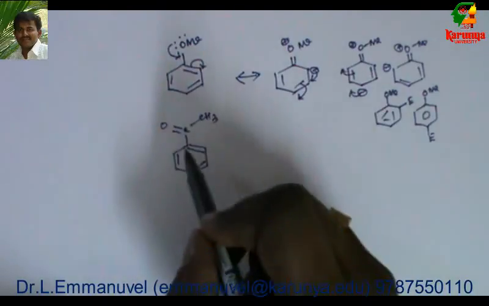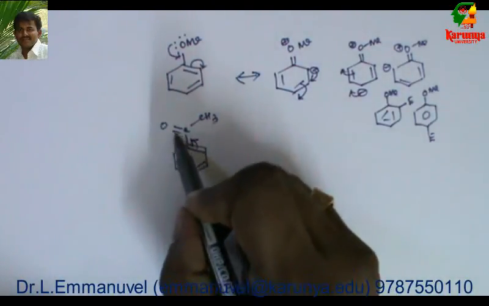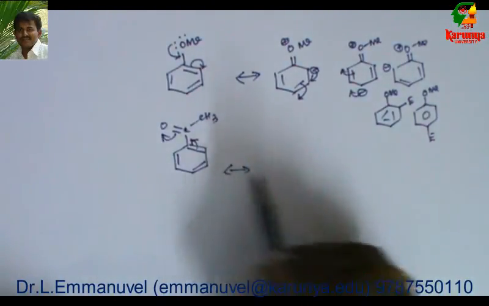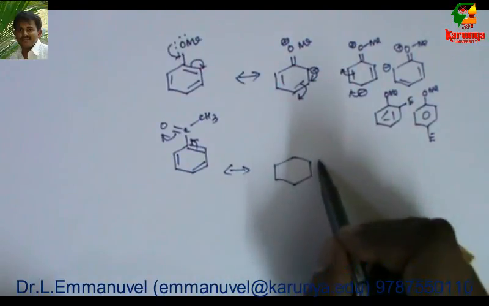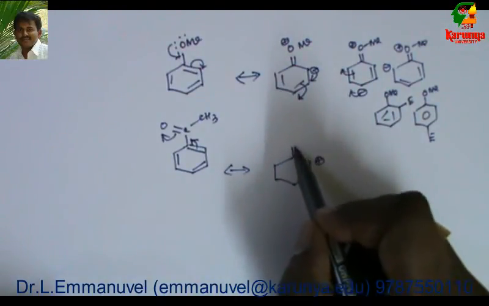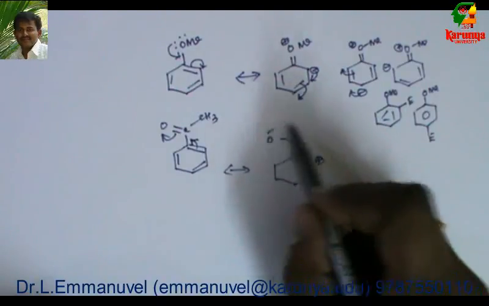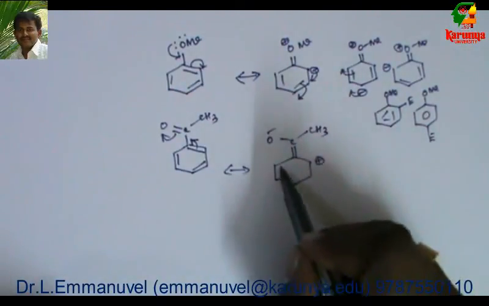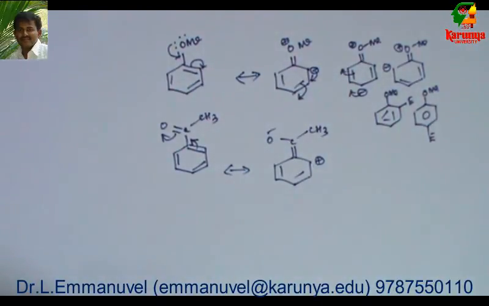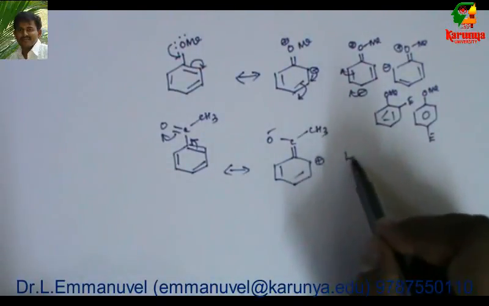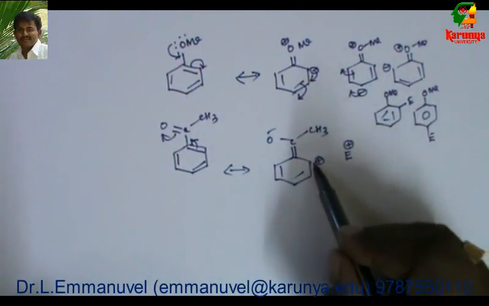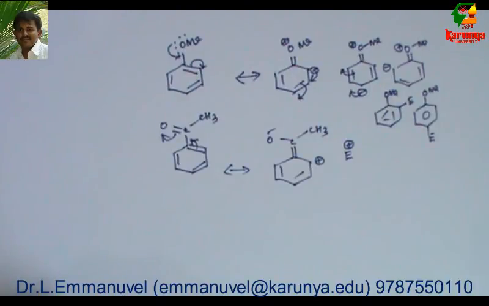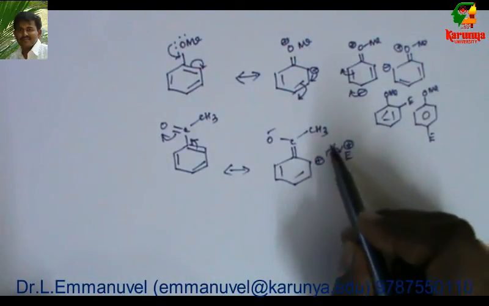What about this? This pulls the electron from here, and the electron density on this carbon is reduced. So this carbon cannot attack another electrophile because this is also plus, this also plus. The attack of this is not possible.